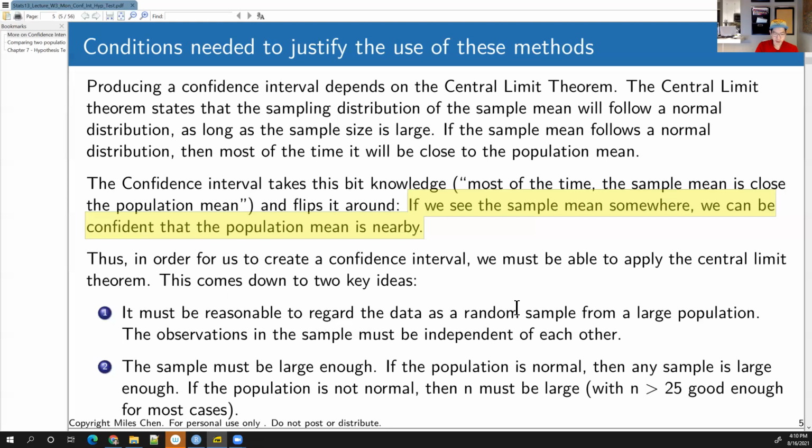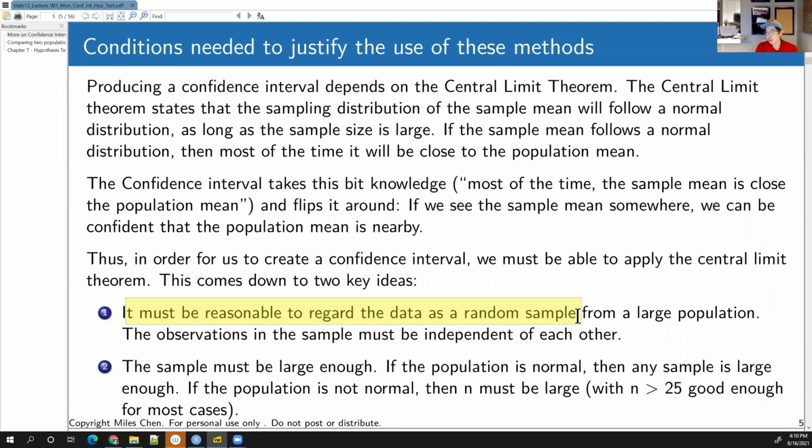So the reality is a true random sample is very hard to come by, but it has to at least be reasonable to think of our sample as either a random sample or a representative sample, right? If the study only looks at one small segment of the population, it would be quite dangerous to then generalize to the general population, right?